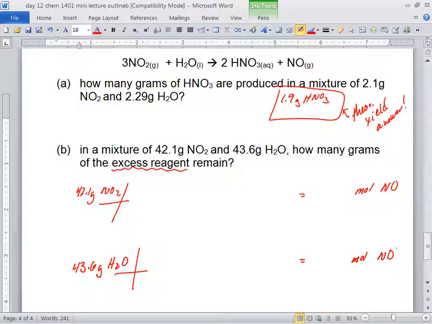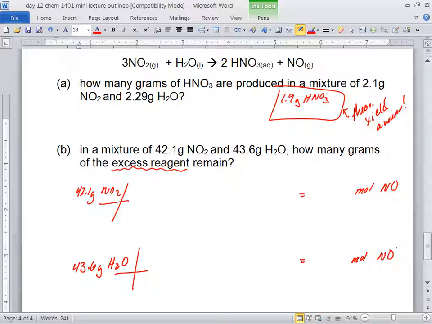So in part B, did anybody figure out what the limiting reagent is? Anybody get an answer? Okay. So the guy that gave you the smallest answer.